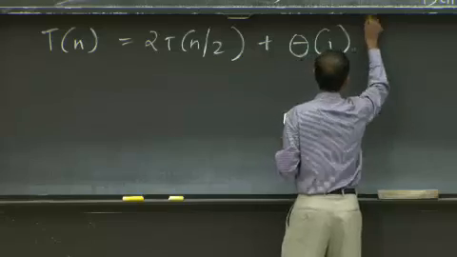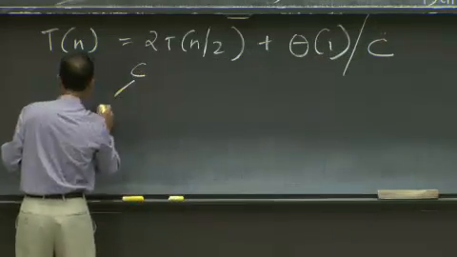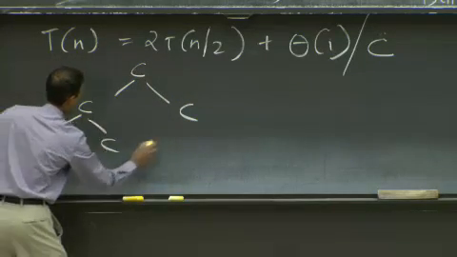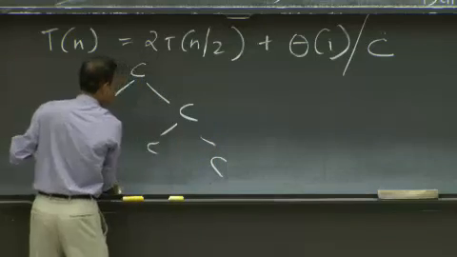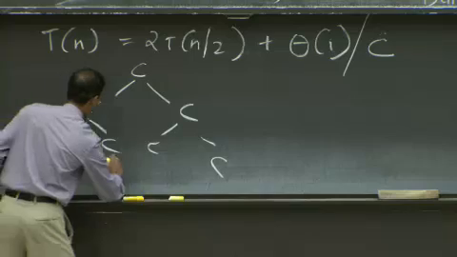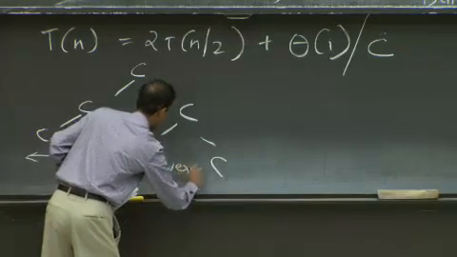And I can think of this as being theta 1, or I can think of this as being just a constant c. I'll stick with that. So I have c, c, c, and, whoa, I tried to move that up. That doesn't work. So I have n leaves as before.